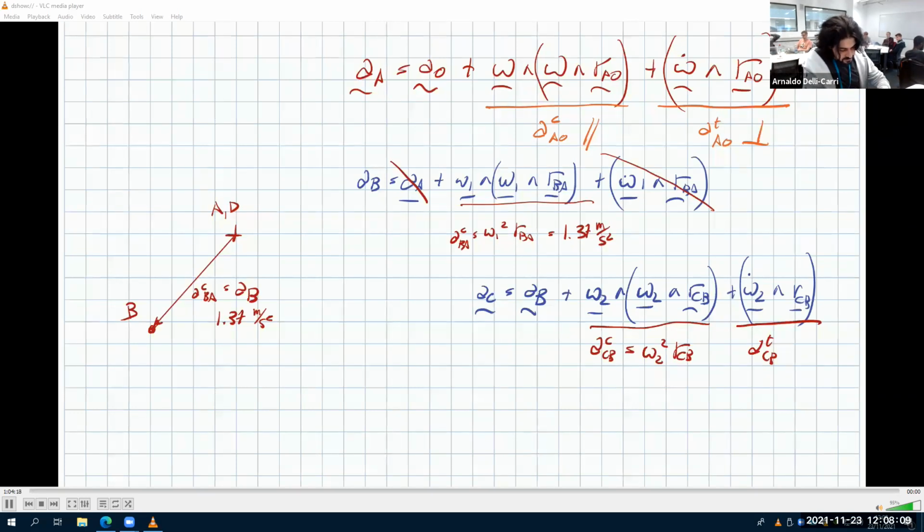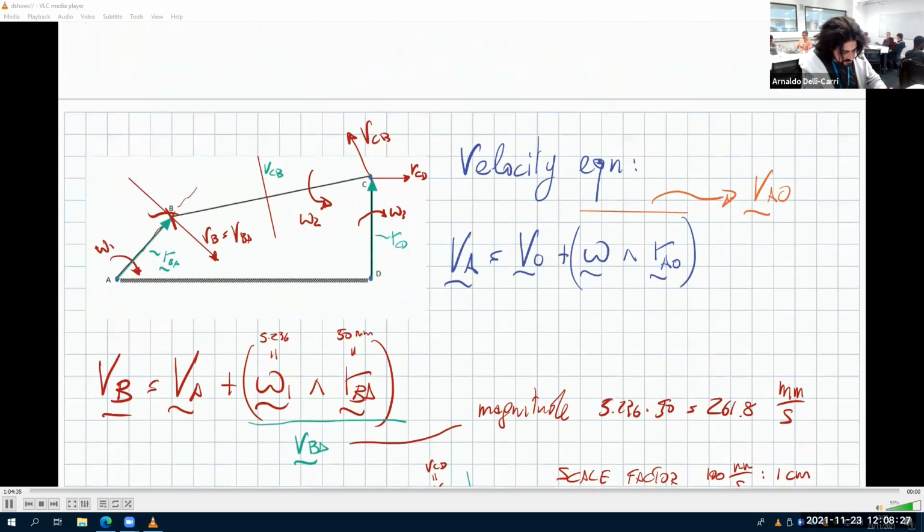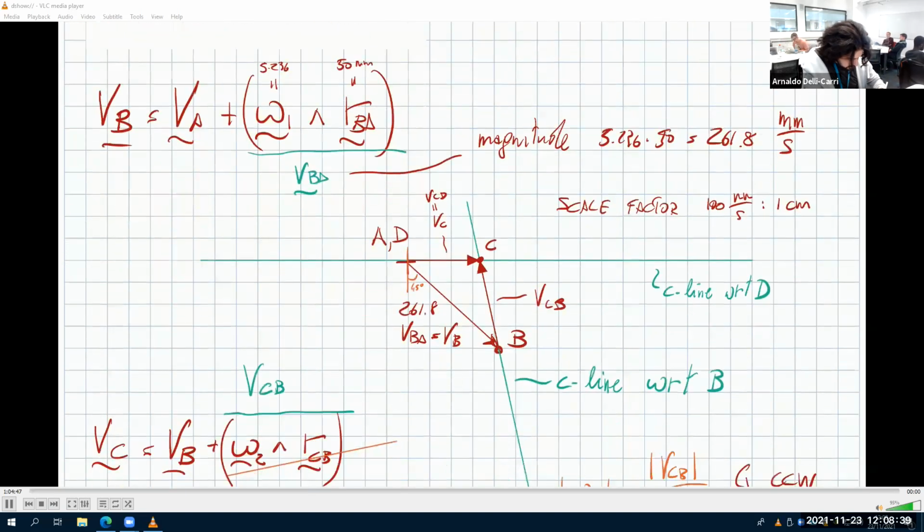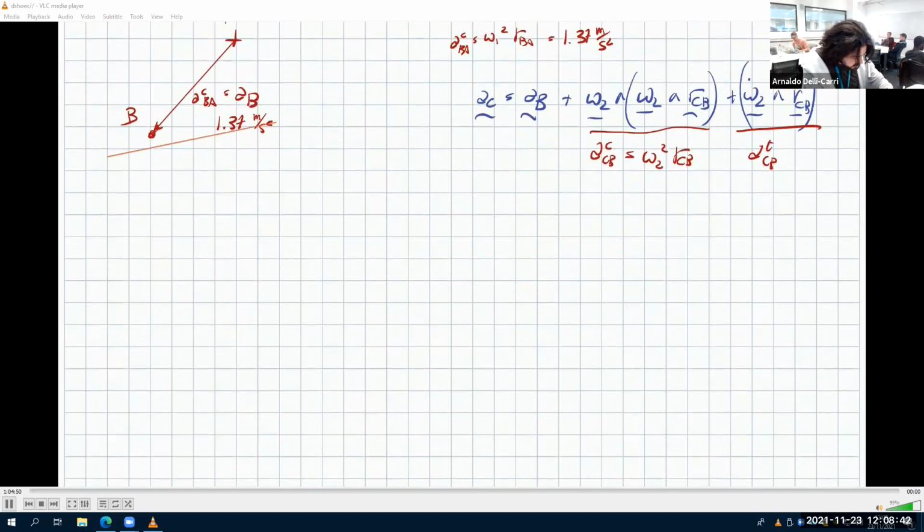So let's draw this one, let me draw this in orange. This is RCB, but with a point in B instead of C, so it's in this direction, this vector here. It starts from this point, so it must pass through this point here.